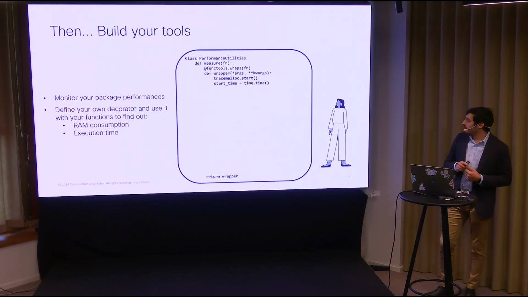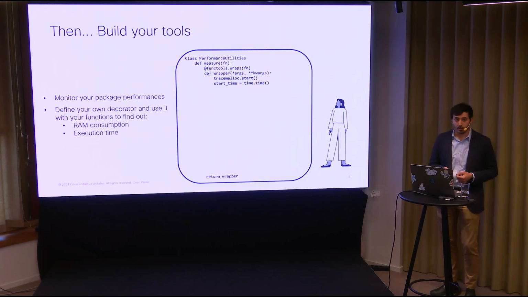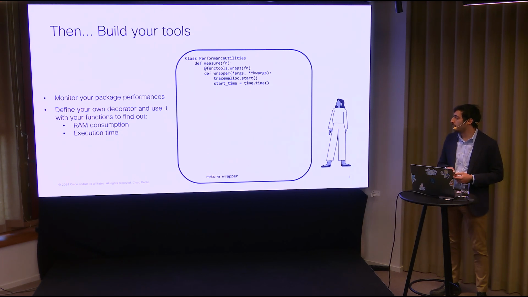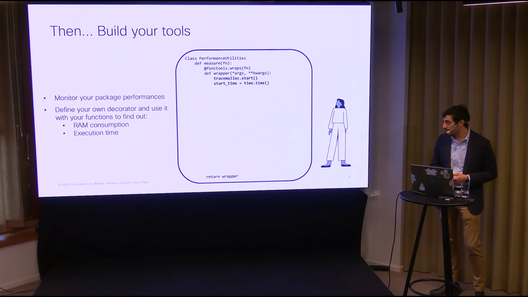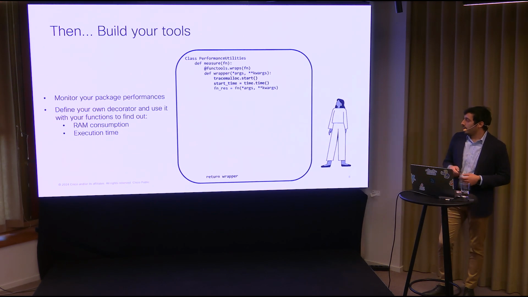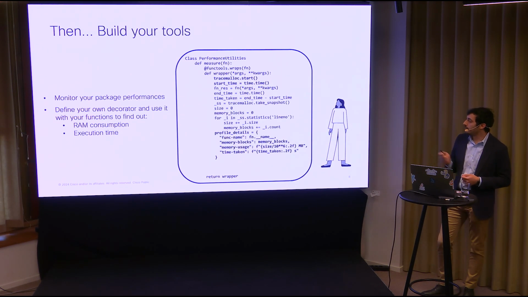Here, Emma used the tracemalloc library to calculate RAM consumption, and the time library to take the starting time for the function execution. The decorator executes the function, and after that, it calculates the time taken, which is end time minus starting time.